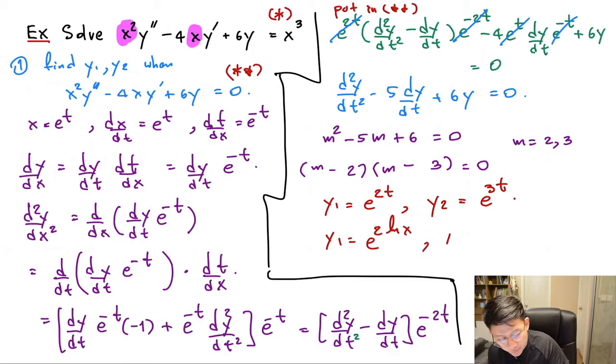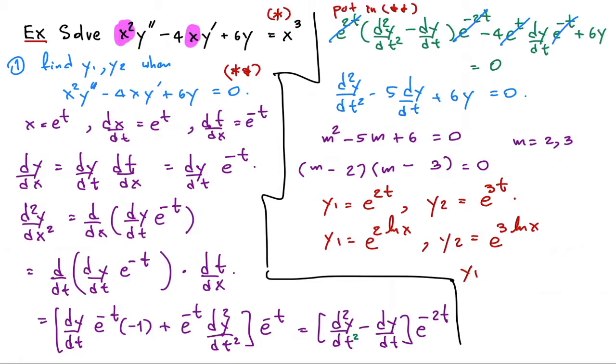And y2 is e to the 3 log x, which means that y1 is e to the log x squared and y2 is e to the log x cubed, which means that y1 is x squared, y2 is x cubed.